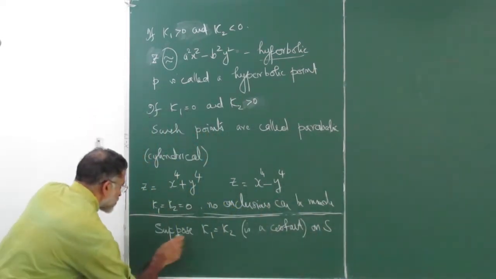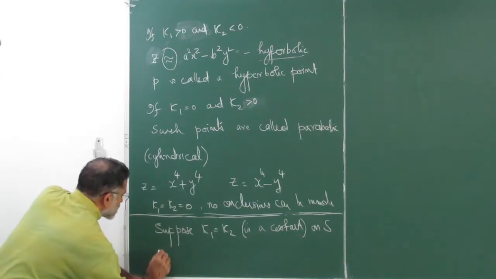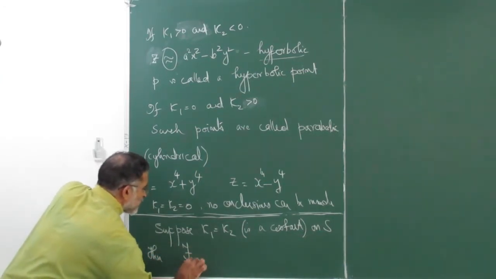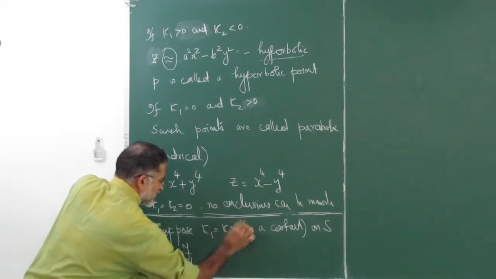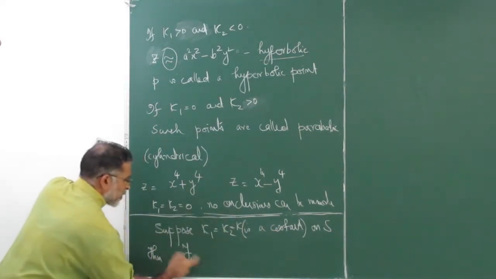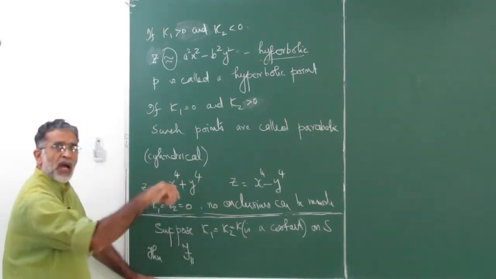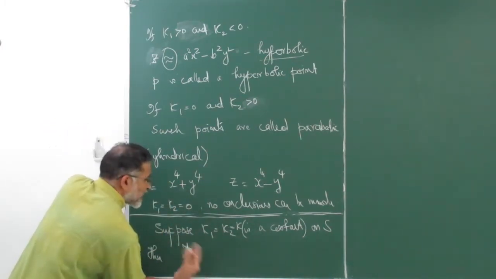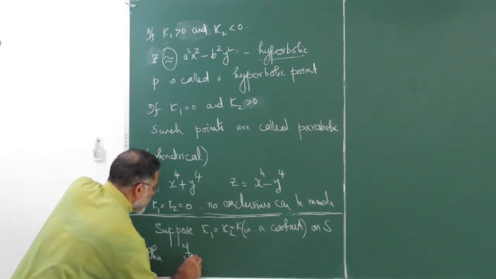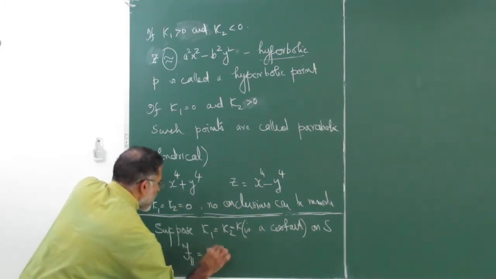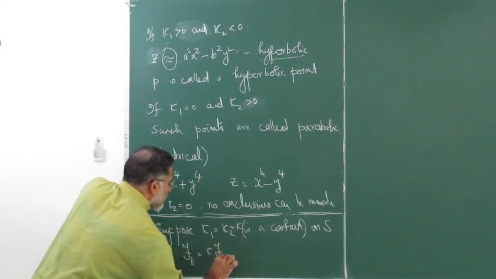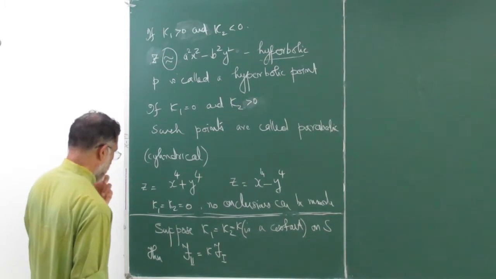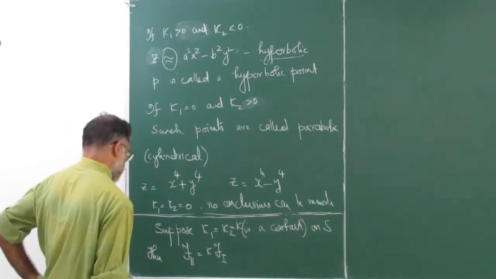So what do you get? This we have seen. Let's call this kappa, it's easier. F1 inverse F2 is kappa times identity, that's what you get. That's the eigenvalue problem we have done. So F2 is equal to kappa times F1, that we have seen.